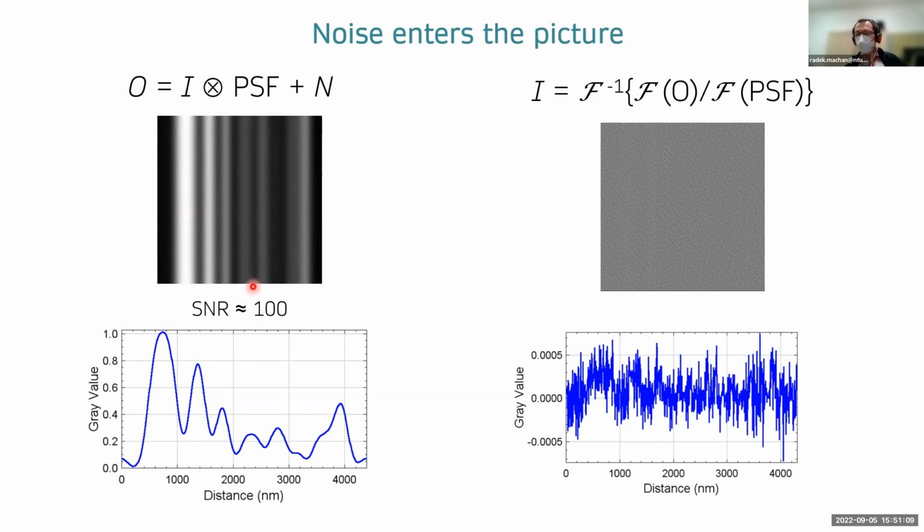And of course, if we have even higher signal to noise ratios, then yes, it might work to some extent. It will still be noisy, but we can see the features.